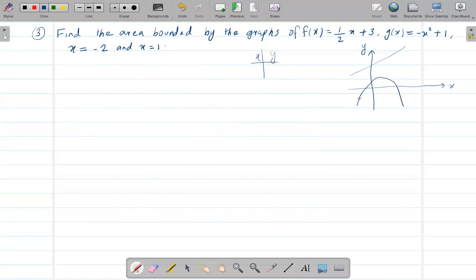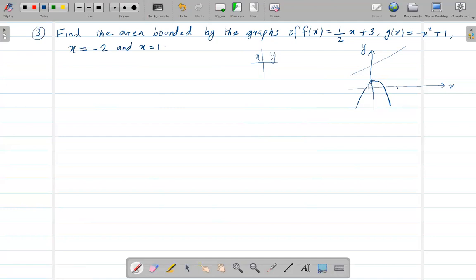Okay, and you can also find this, it should be a little bit different. Let me just do it here. So if I consider this a vertex, well, I can find the vertex of this equation because I need to know whether this graph is going to be above this line or below this line. So for that reason, I need to find at least the vertex, and also the x-intercept.